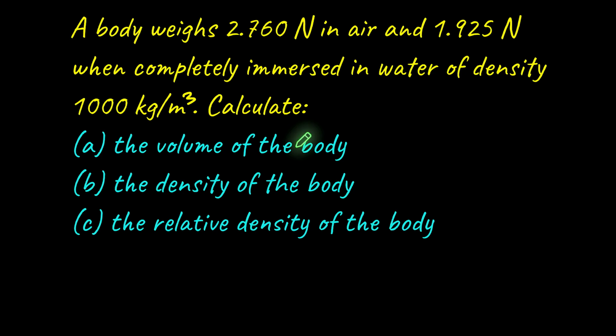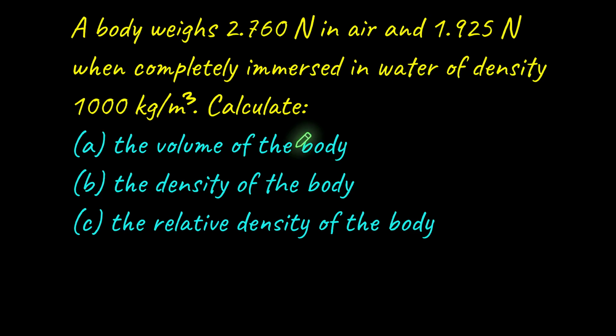So here in this question, we are going to basically apply Archimedes' principle. And for the question, we're told that a body weighs 2.796 newtons, and in this case weight is actually a form of force. That's why the unit is in newtons.